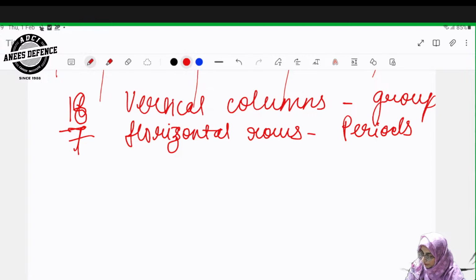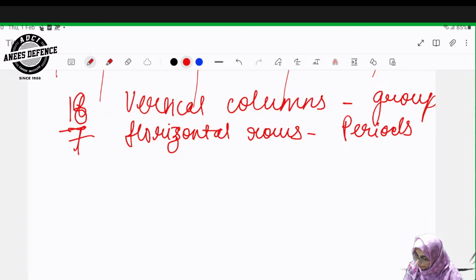The sixth period is the longest and has the most elements, 32 in total. How? Because in between, lanthanides and actinides are there. The seventh period is unfinished and has 26 elements. Still they are searching, there may be some undiscovered elements.